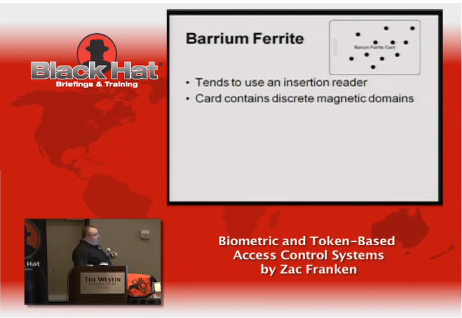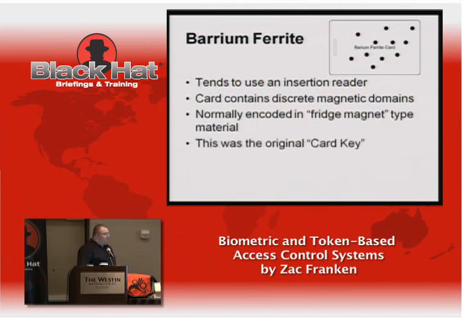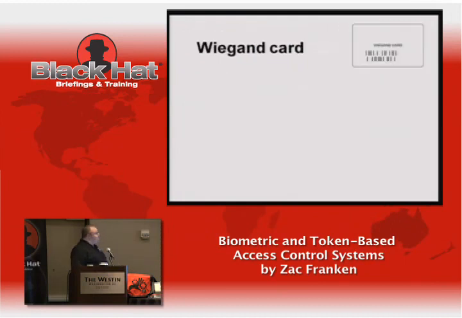It's pretty much a slightly fancier version of a punch card. And if you crack one of them open, you'll see the barium ferrite material, which looks very much like a fridge magnet. And it was marketed as the original card key. So card key TM were barium ferrite cards.